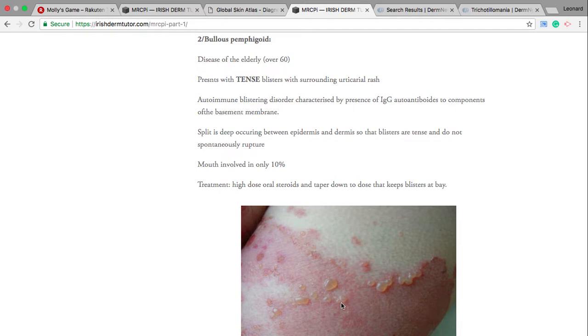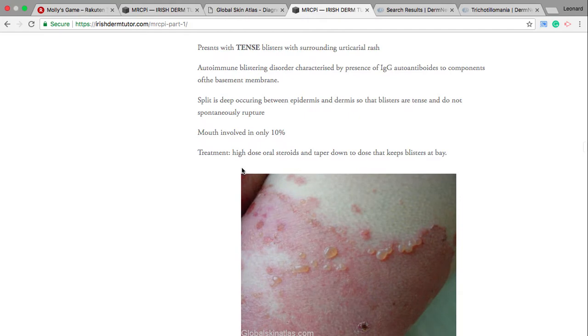And it's an autoimmune disease, and it's characterized by the presence of IgG autoantibodies to components of the basement membrane. So the basement membrane is the area that separates the epidermis from the dermis. So the split is quite deep compared to other blistering disorders, and as such you get these tense blisters that don't spontaneously rupture. Oral involvement is rare enough, only in about 10%.